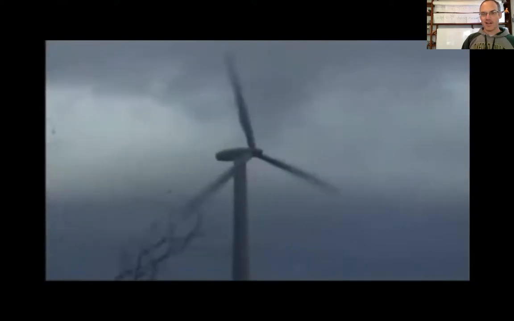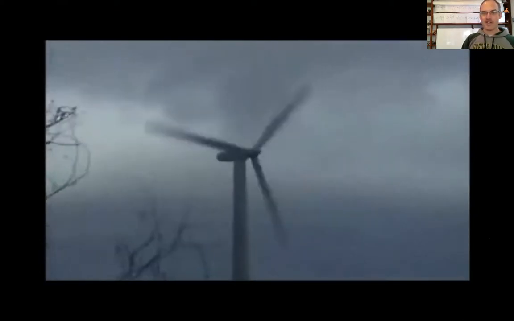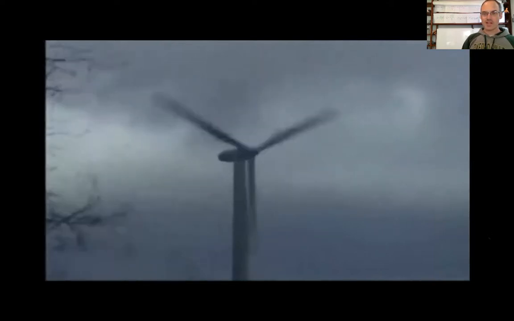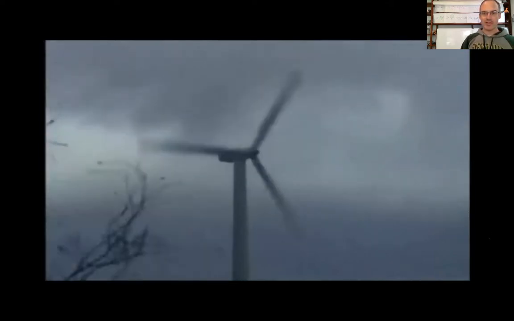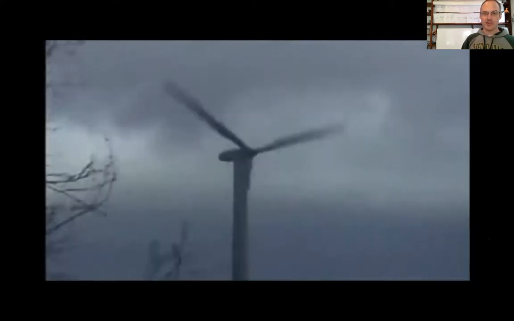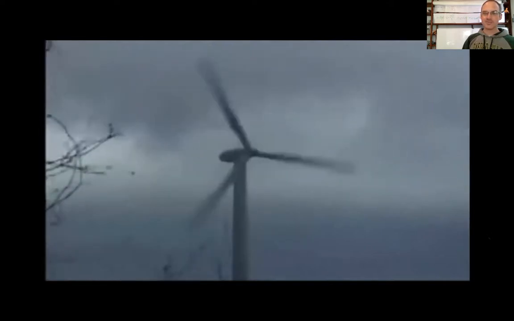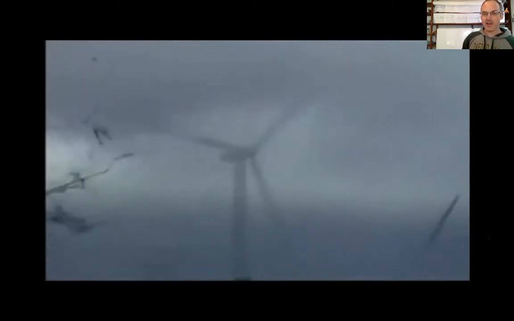The brakes sometimes fail on these, and they get rotating to the point where the acceleration is too great, the forces are too strong, and the blades fail. That one you can see karate chopped its own stem.